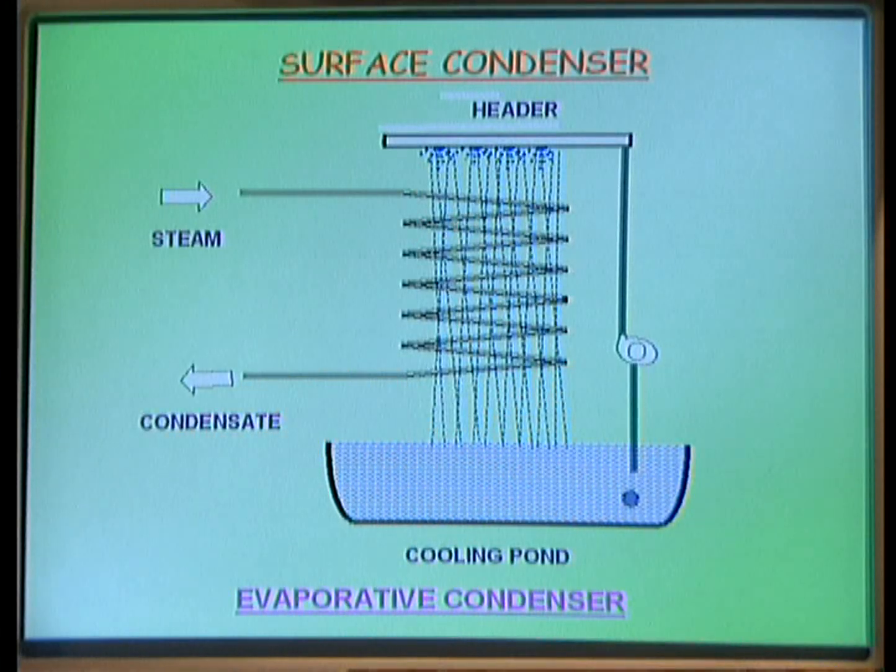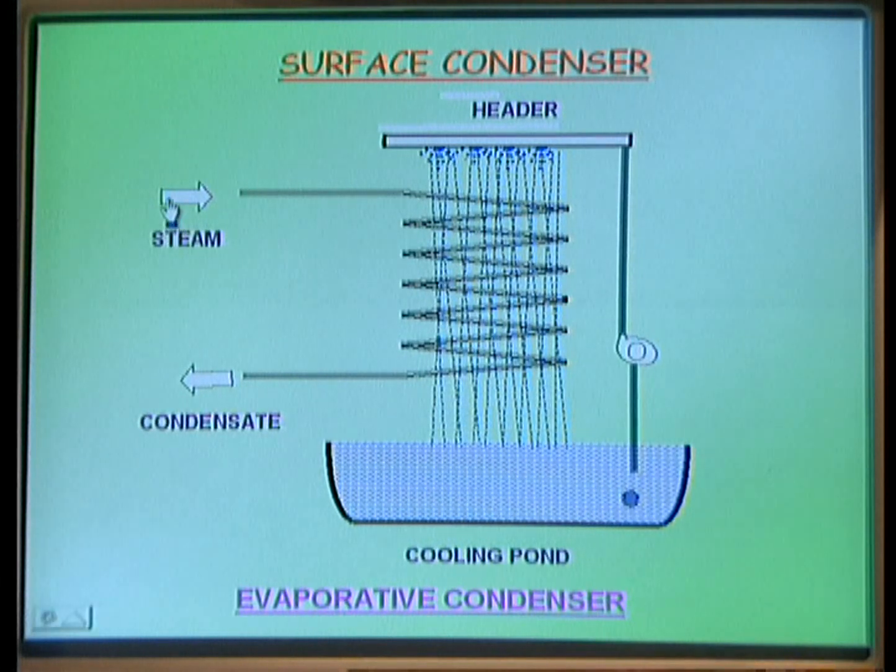Now let us go to the other family, the surface condensers. In surface condensers, you can see first the evaporative condenser. We know that in surface condensers, the water and steam do not mix directly.